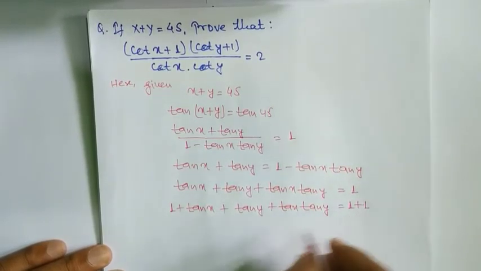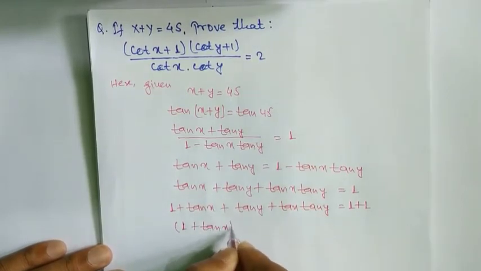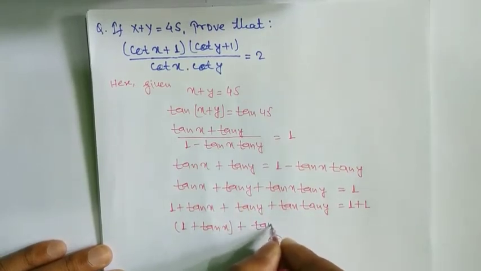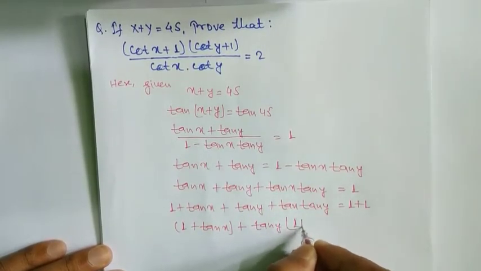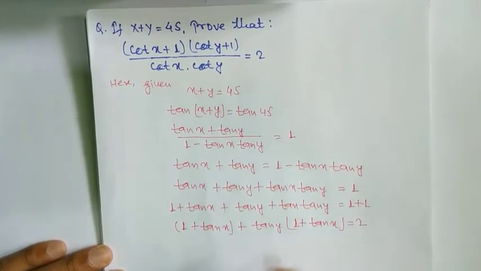Adding 1 on both sides, 1 plus tan x plus, from these two terms take tan y common. tan y remaining, 1 plus tan x is equal to 1 plus 1, that is 2.